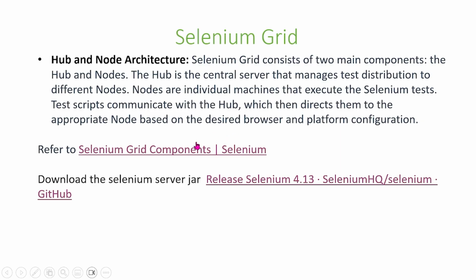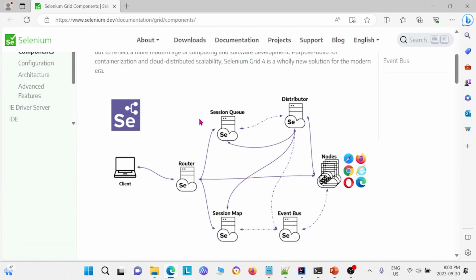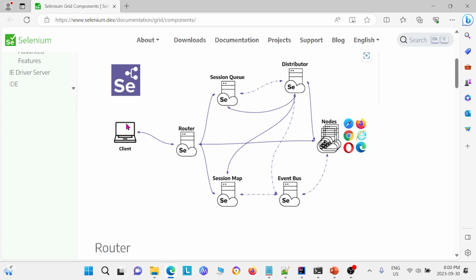To look at this architecture a little bit more, I'm going to open this link. They have a flow chart to describe this. We see that as a client, when we send our requests for different tests to the router, it will create a session queue.